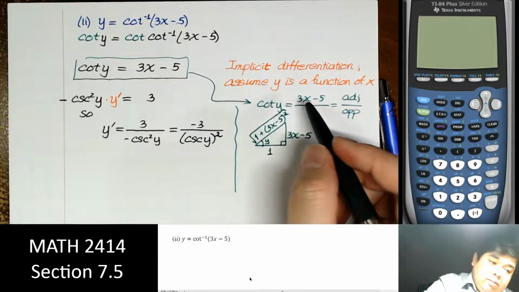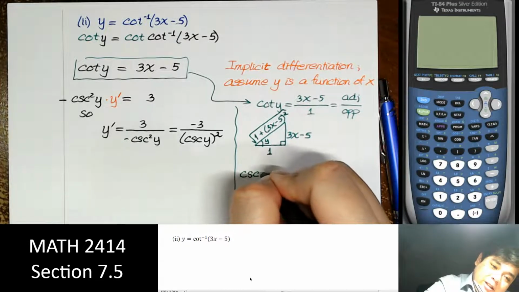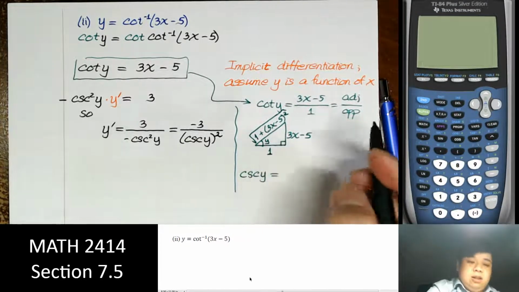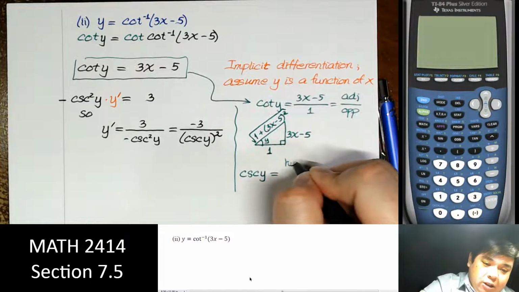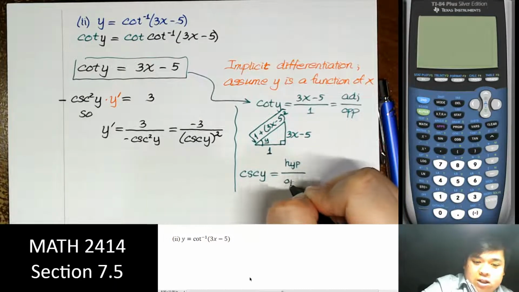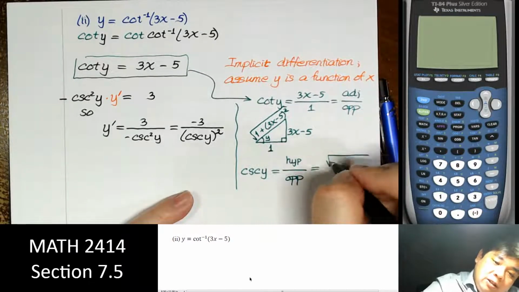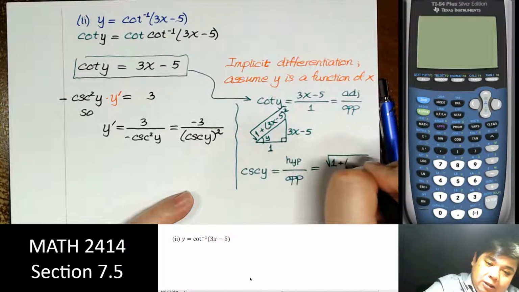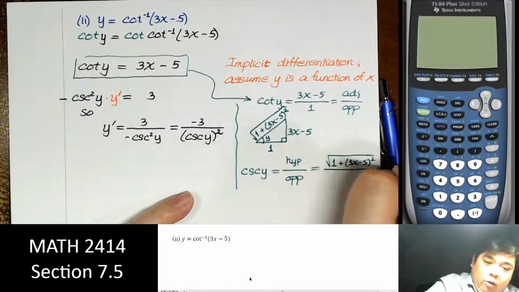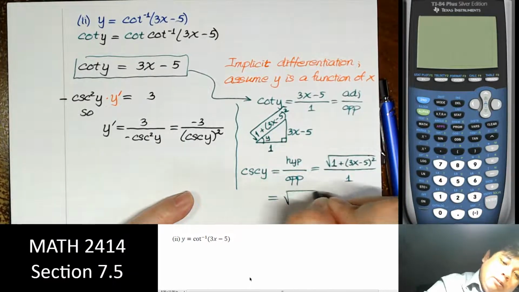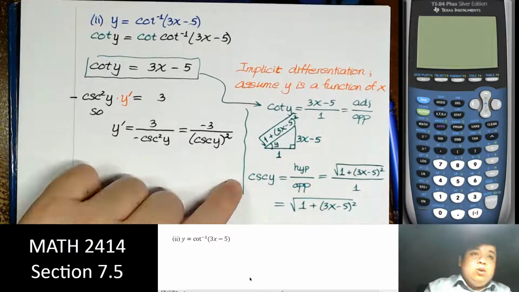And finally, we need cosecant. Cosecant is the reciprocal of sine, so it is hypotenuse over opposite. So that is the cosecant.